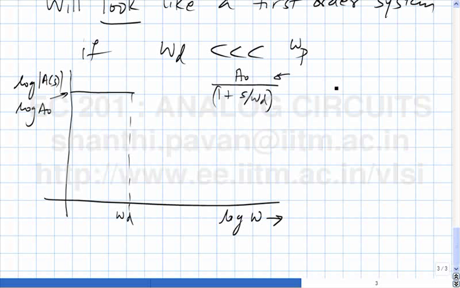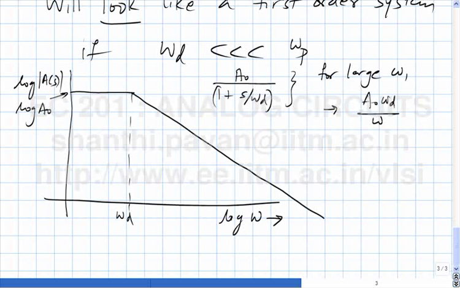For large omega, this goes as A naught times omega d divided by omega. So when I plot log of this, I get something which falls off with a slope of -1. This is what a first order system would look like.